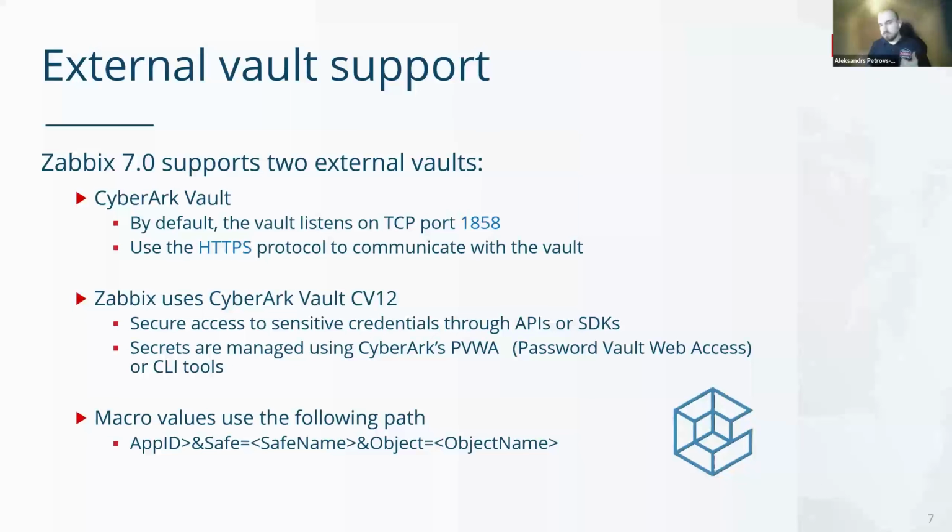Again, the idea is the same, well, configuration is different. And the sensitive data or credentials can be obtained using APIs or SDKs and will be managed using CyberArk Password Vault Web Access, or again, CLI. The path to the secrets also is a bit different, so keep that in mind depending on what you will be choosing.